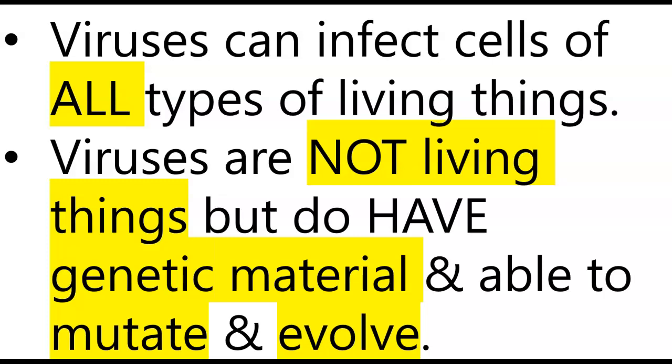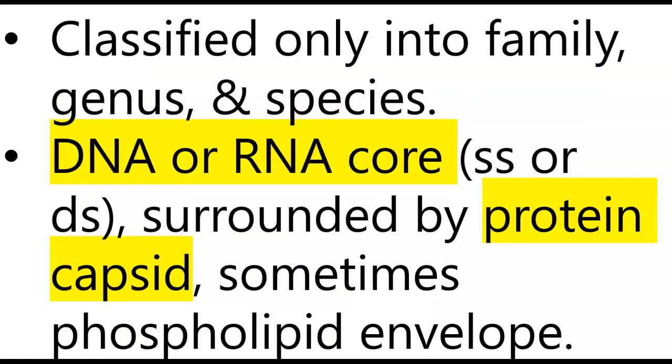So, for example, they contain genetic material in the form of DNA or RNA. They are also able to mutate, and they're able to evolve. We know that, of course, due to our experiences with COVID, due to our experiences with the flu. These are diseases that are caused by viruses that are able to mutate and evolve, which is why it's very difficult to develop a vaccine for them, especially for the flu and the cold virus.